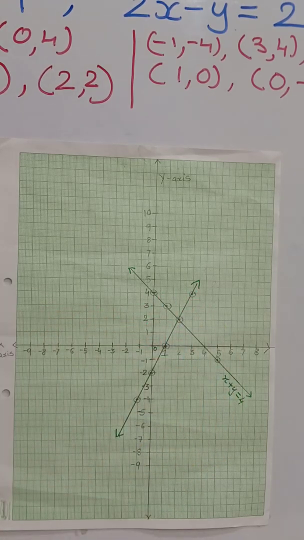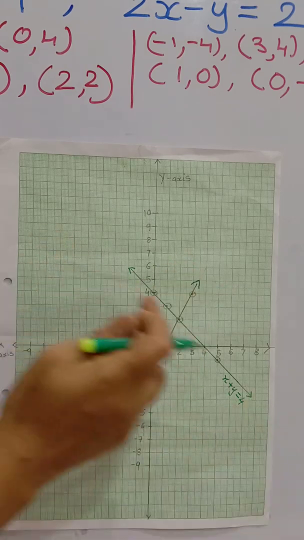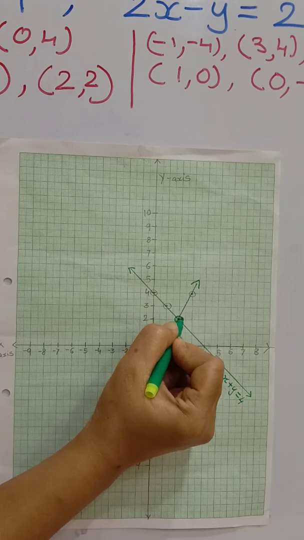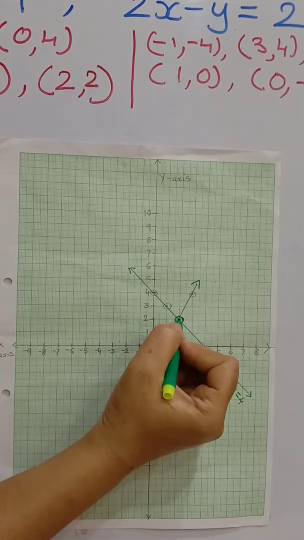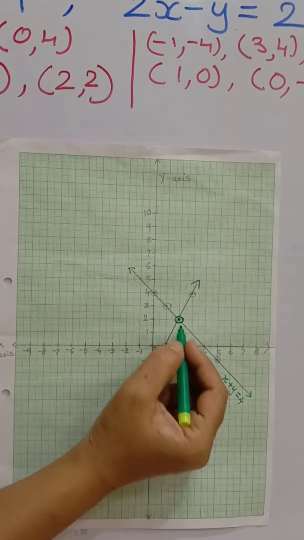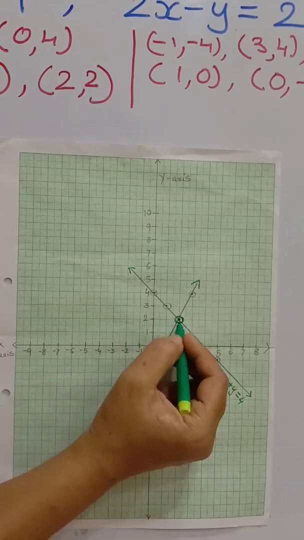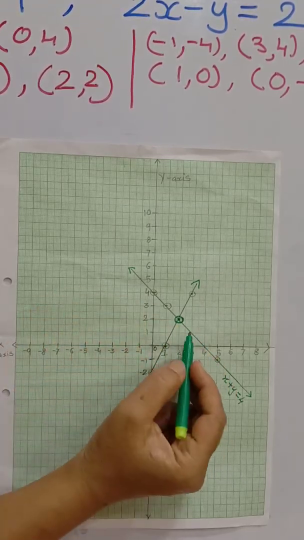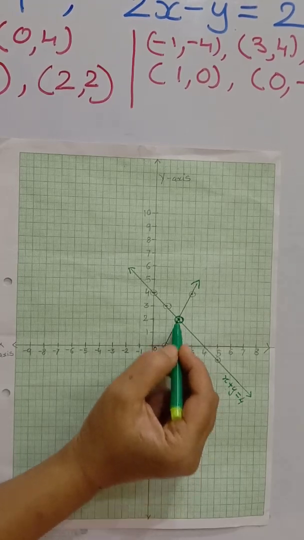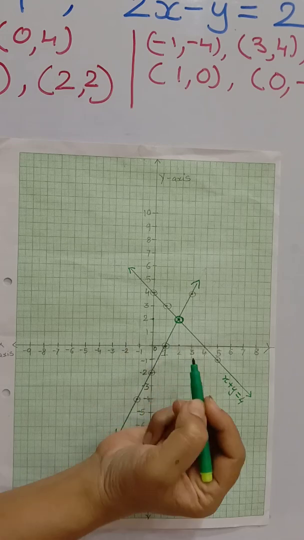Now see students, what is important is these two lines are intersecting over here. Okay, this is a point where they intersect. So this point is nothing but the solution of our equations. We have to mark what is the x coordinate of this point and what is the y coordinate of this point. So the x coordinate of this is 2 and the y coordinate of this is also 2.